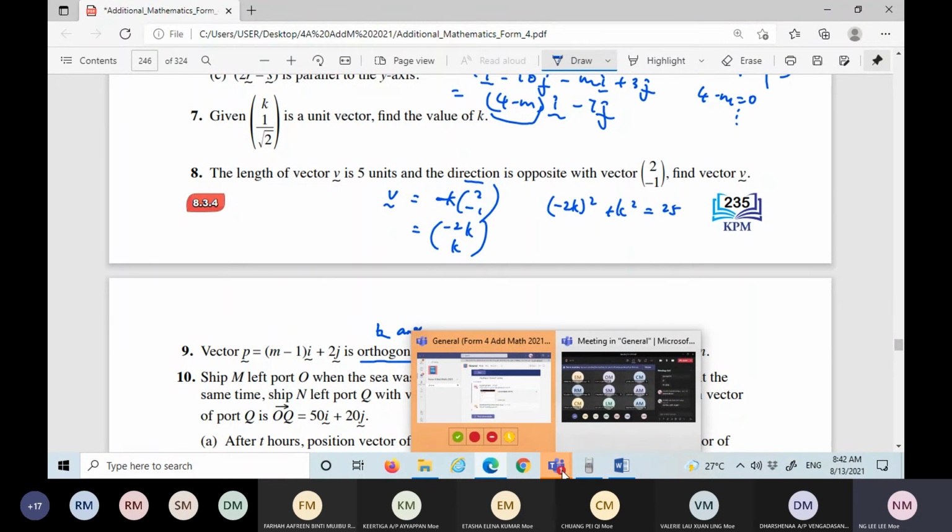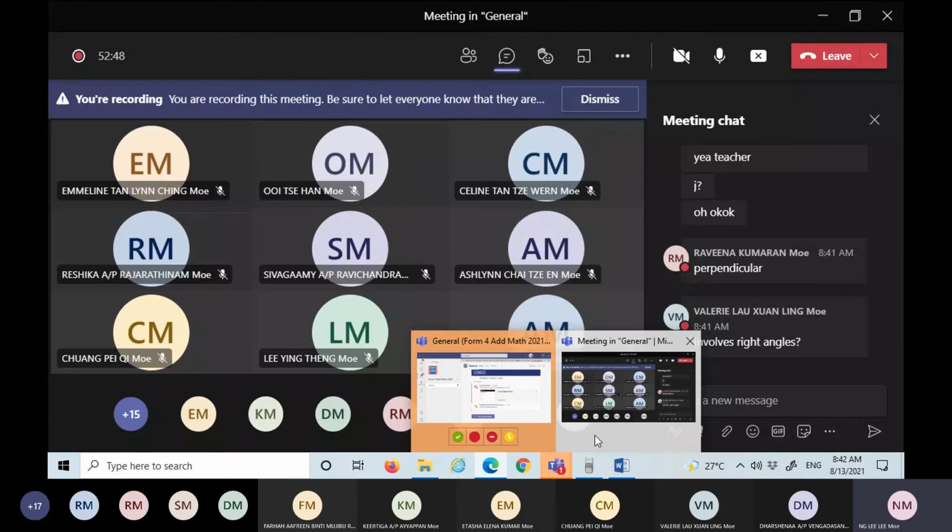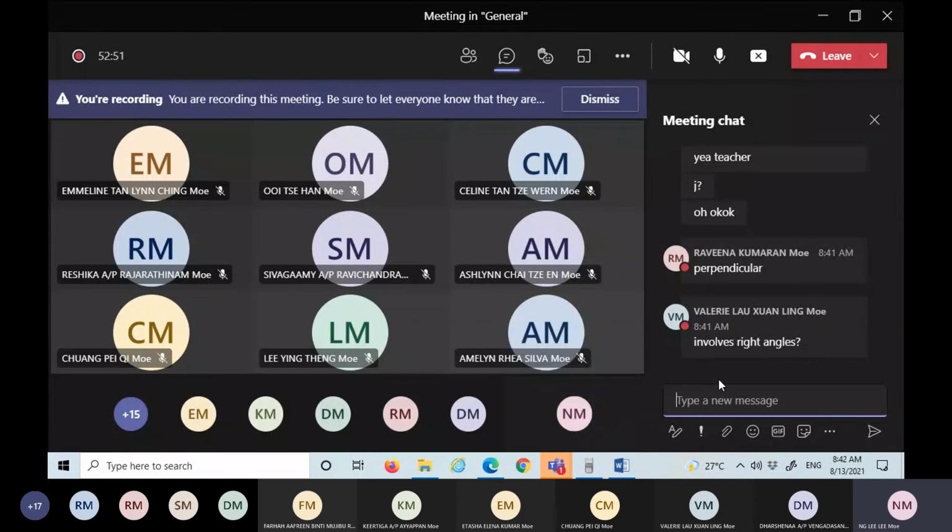What can you say about this perpendicular? What can you bring in from the previous topic to help find this? Involve right angle. Oh, just now one. Okay, come now.